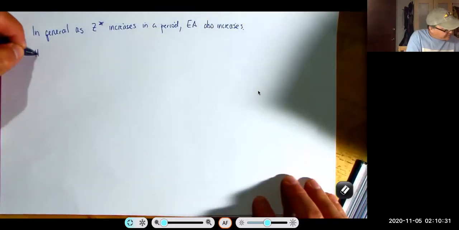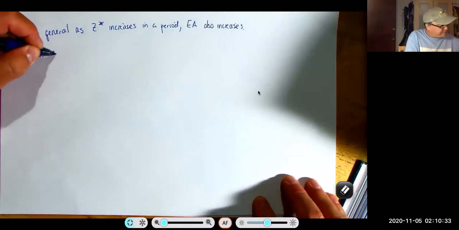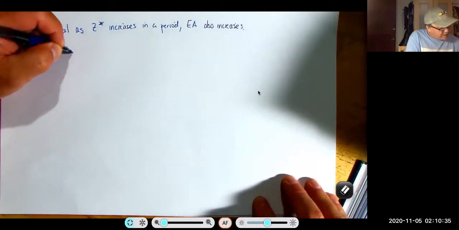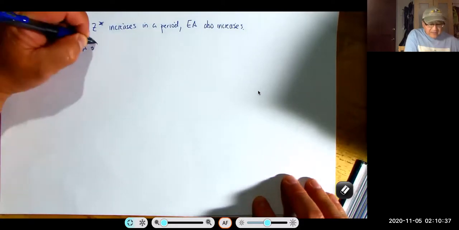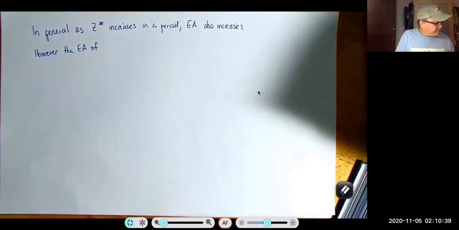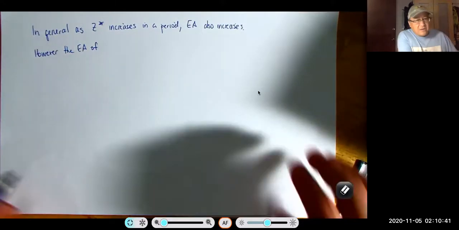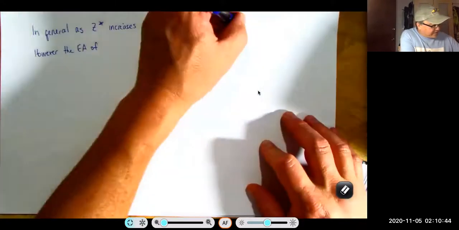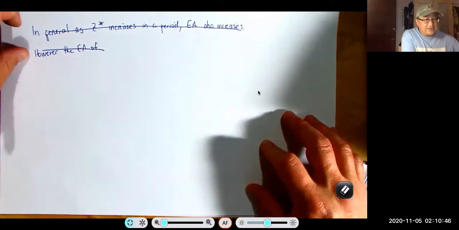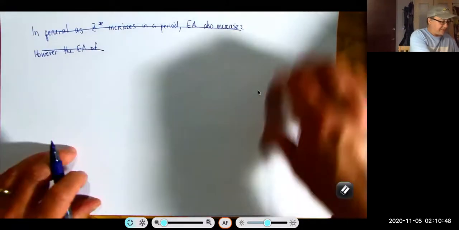However, the electron affinity of, actually, I don't want to do this for electron affinity because electron affinity is really goofy. So we're going to cross this off and we're going to rewrite this problem. And we're going to write it for ionization energy.